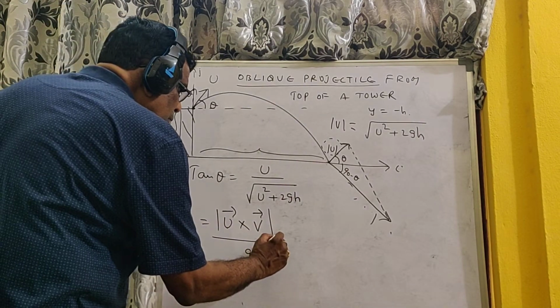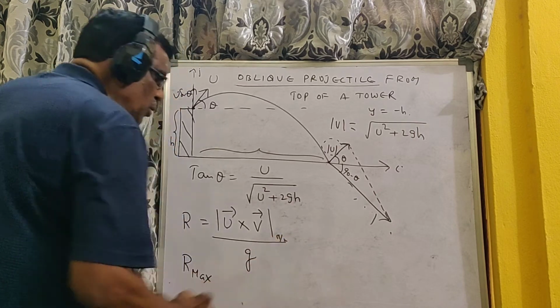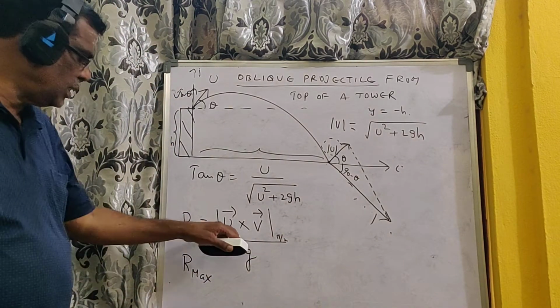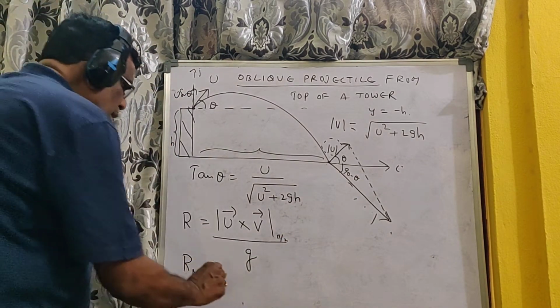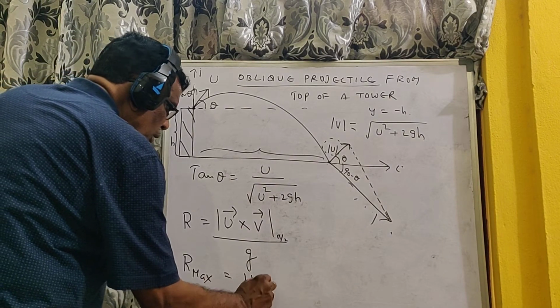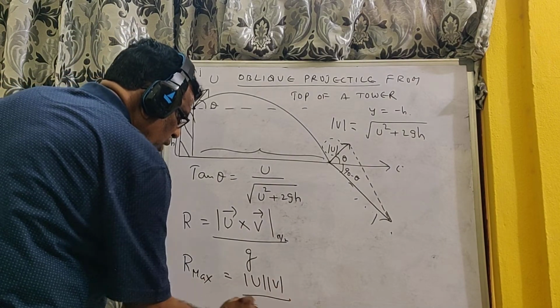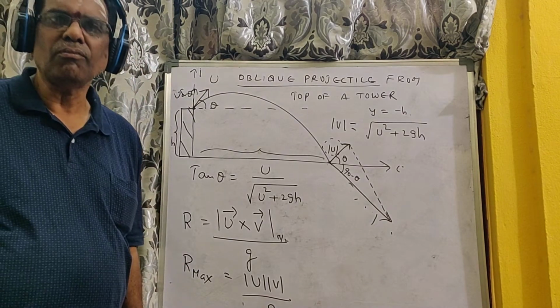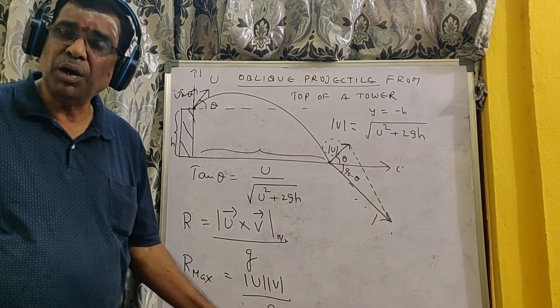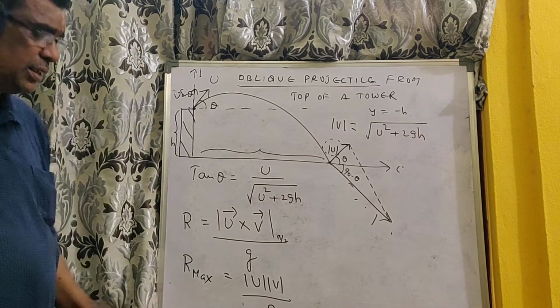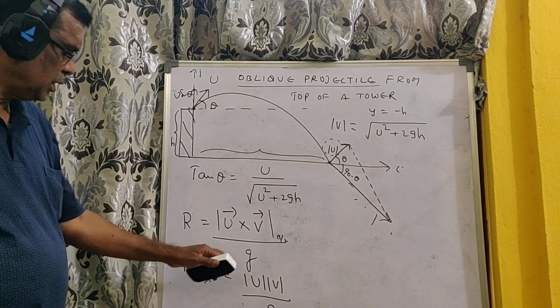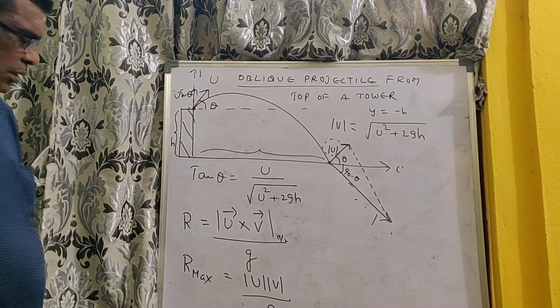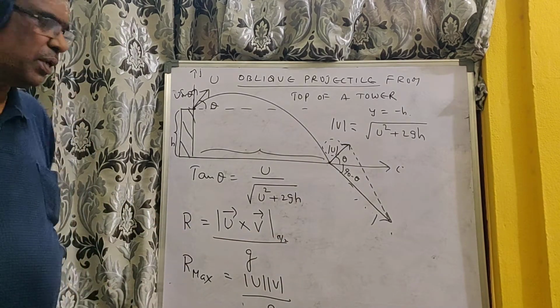Here the angle between them must be equal to pi by 2, so that this is the maximum value. R max is mod u mod v by g. Mod u mod v by g. Is this clear to you now, what I am trying to put?